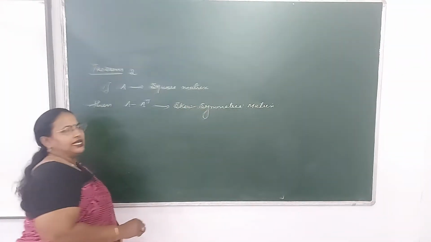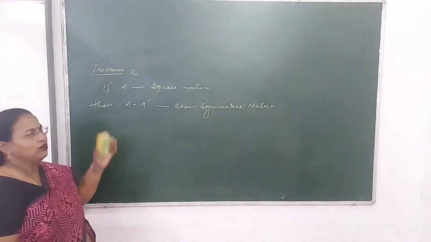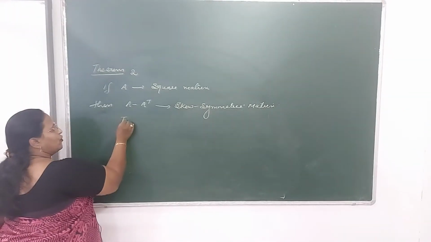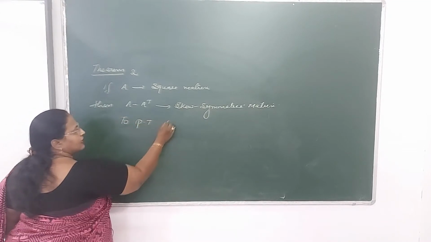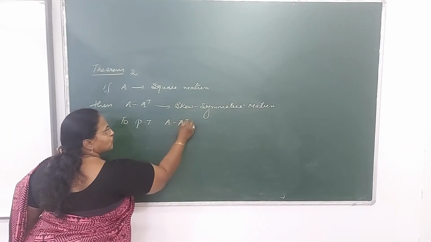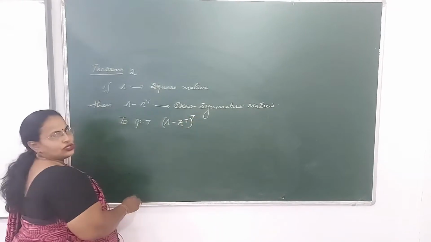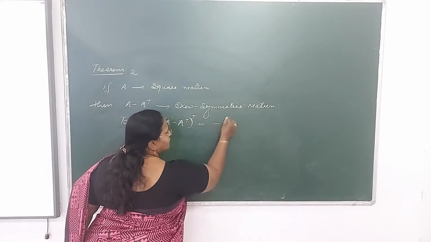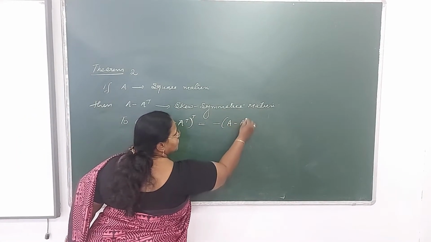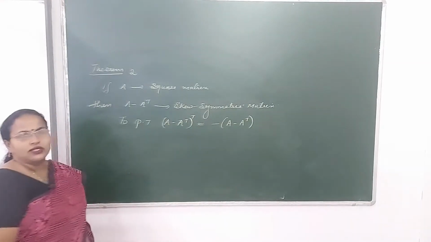The proof is quite easy. So what to do? Here we need to prove that A minus A transpose whole transpose is equal to minus of A minus A transpose. So let us check it.